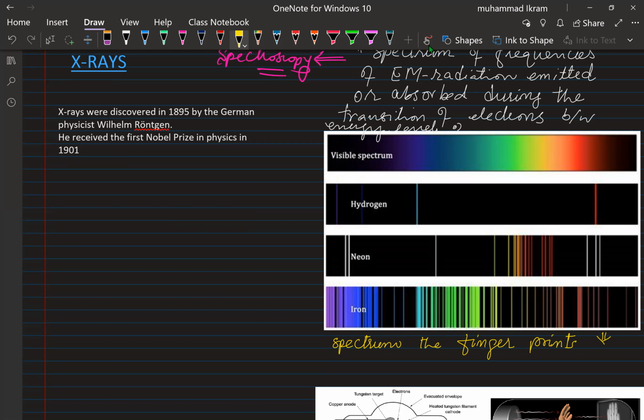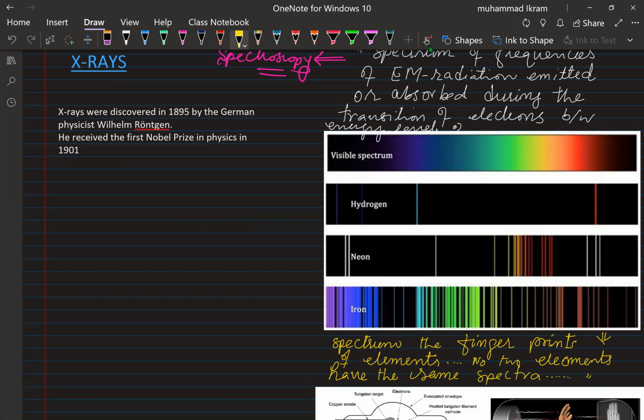This is my favorite sentence for it: the fingerprints of the elements. Why? Because no two elements have the same spectra. It is different for different elements.